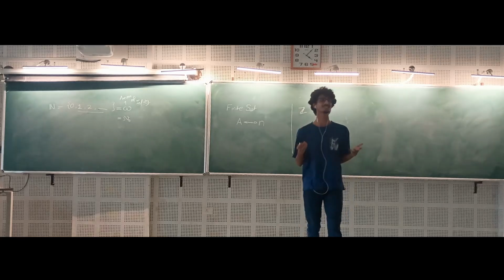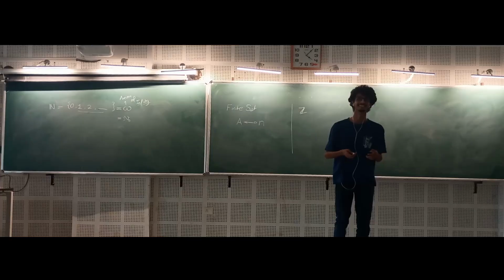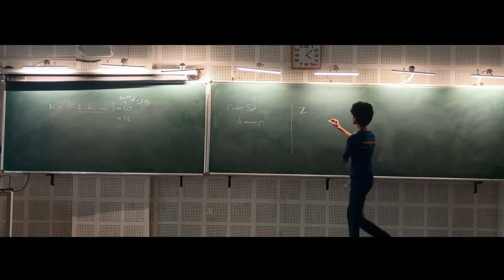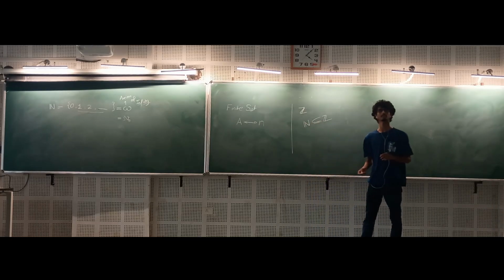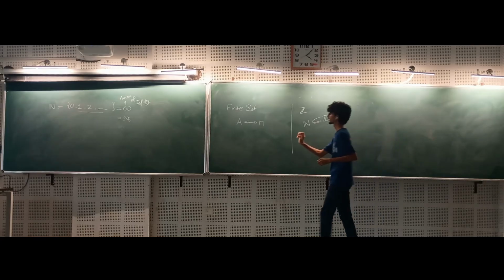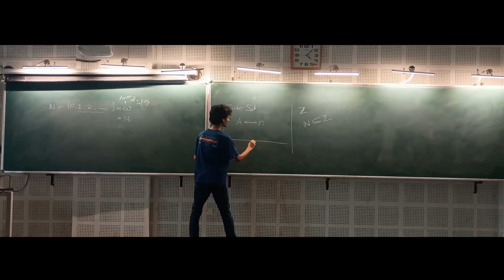Okay, so in one sense there are more integers than natural numbers because natural numbers are completely contained inside Z. Right? In some sense. But what I want to describe is, let me draw the integers.